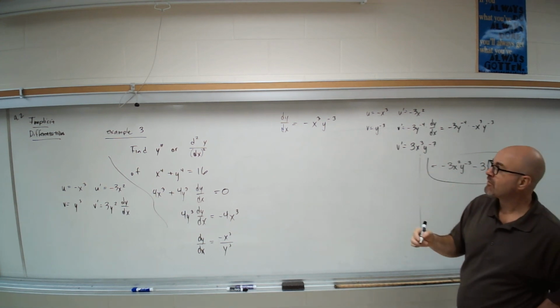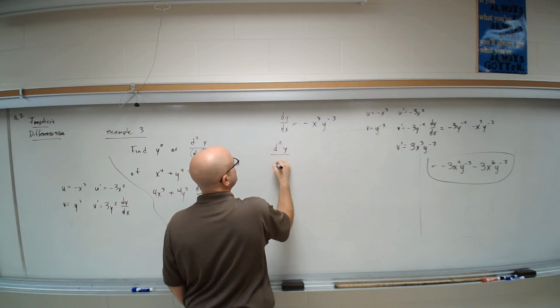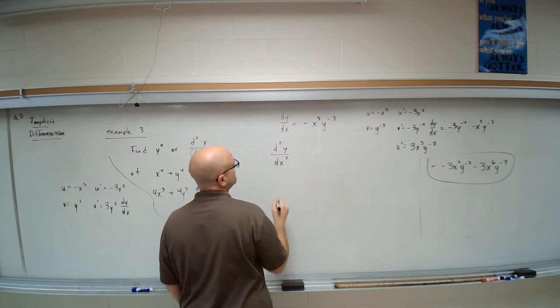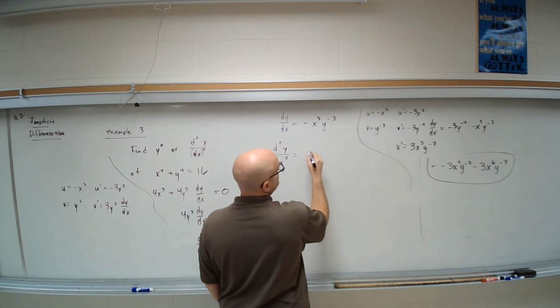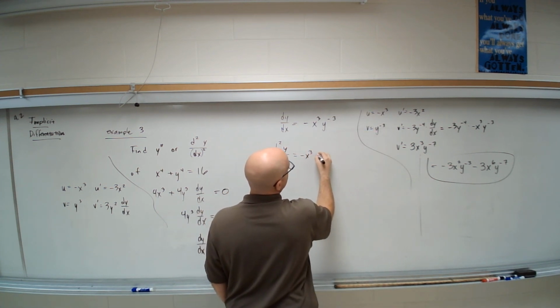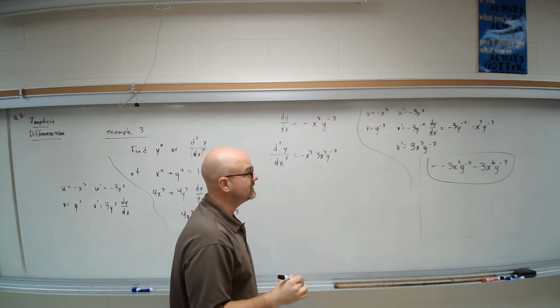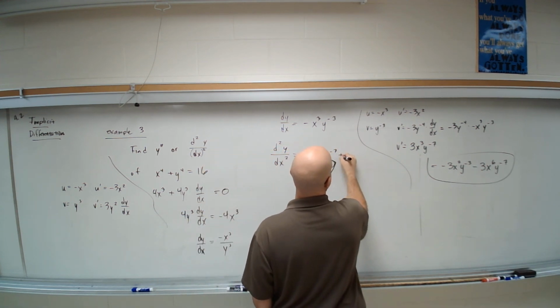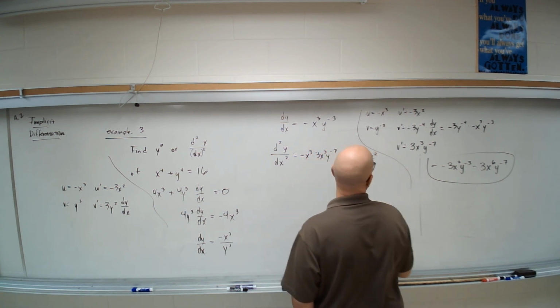Okay, so now let's do our product rule. So the derivative, the second derivative, is this all going to fit? So let's see, we get negative x cubed times 3x cubed y to the negative 7th plus y to the negative 3 times negative 3x squared.